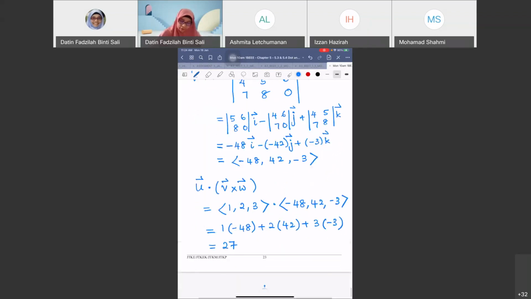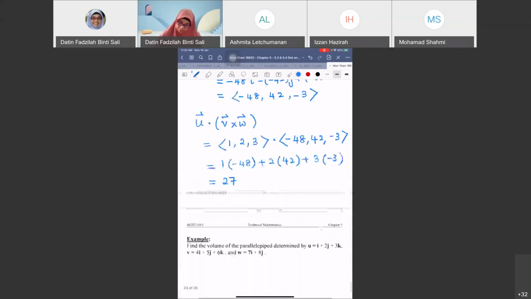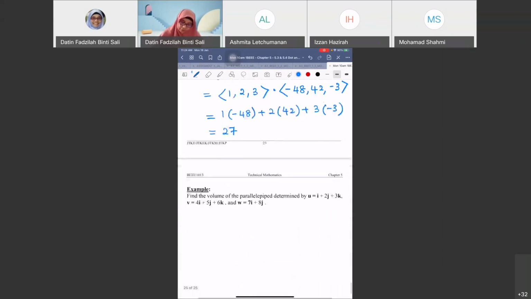Now, sometimes there's a question whereby you may get a negative answer. You can get negative here because this is a dot product. That's why the absolute value comes in.